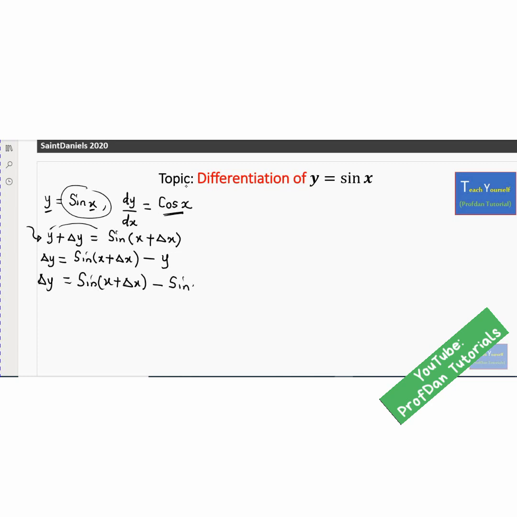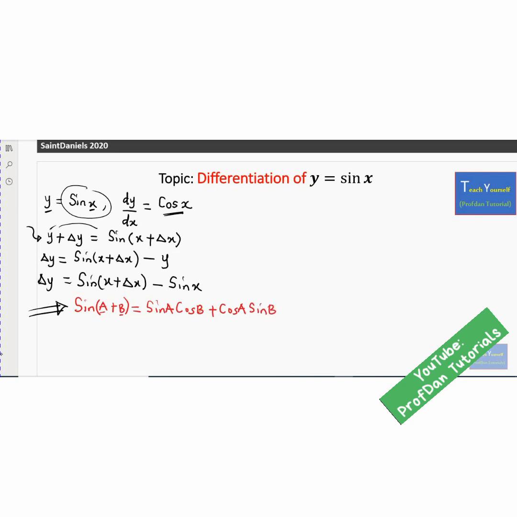To do this, remember in trigonometry there is a trig identity like this.